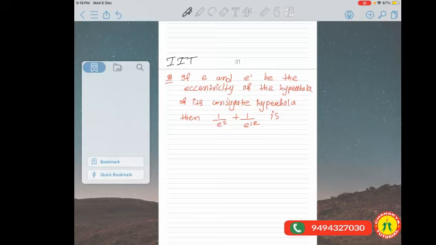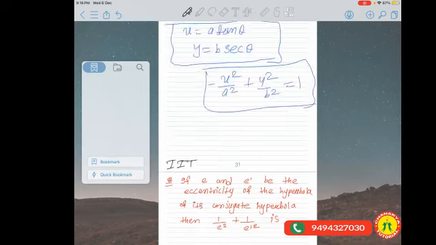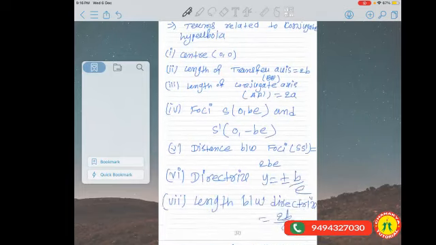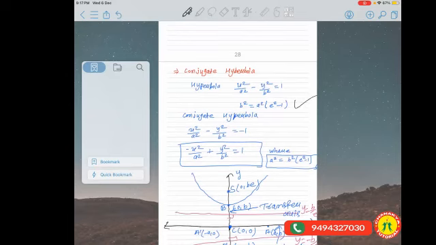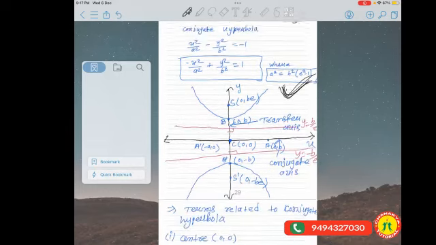Try to find the 1 by e square and 1 by e dash square. मैंने अभी बताया ना, ए वाला यूज कीजिए आप, बेसिक, ठीक है, इसको अप्लाई कीजिए. हाइपरबोला के लिए आप ए लिखिएगा एंड कंजुगेट हाइपरबोला के, apply this, we get the answer.